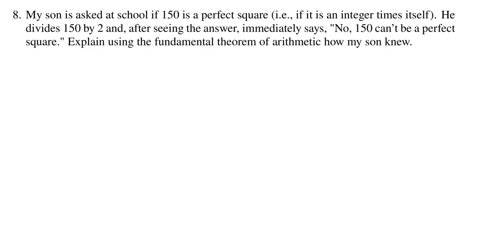Okay. Well, let's see now. The fundamental theorem of arithmetic tells us that if we have some positive integer, we know we can factor it as a product of primes. But then there's this extra condition, right, in a unique way.